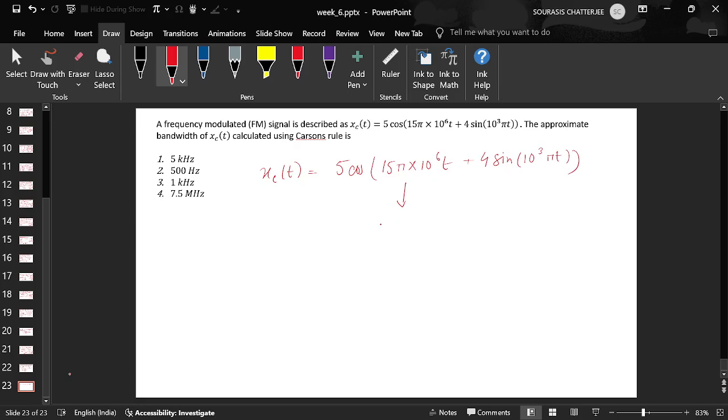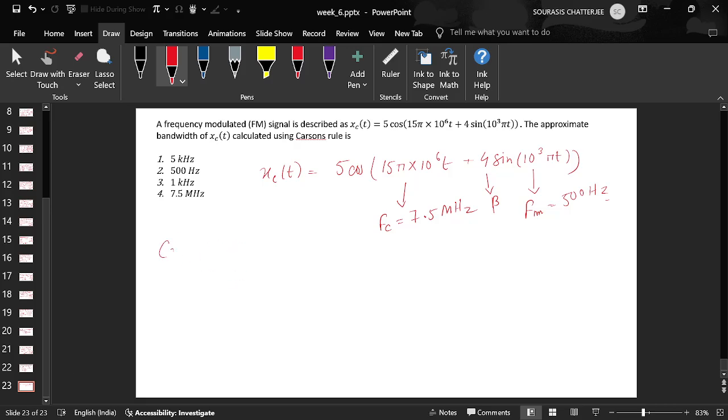You can see here the carrier frequency is 7.5 megahertz, your message signal frequency is 500 hertz, and your beta value, modulation index or maximum phase deviation, whatever you say, is a value of 4.